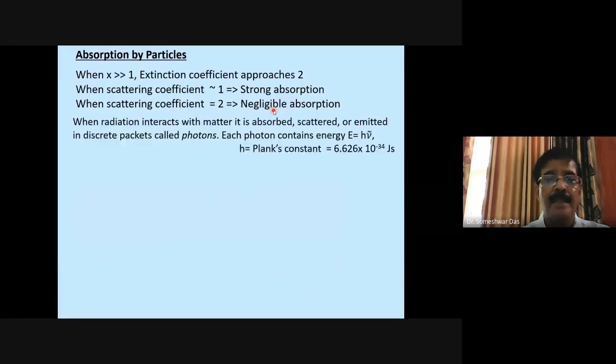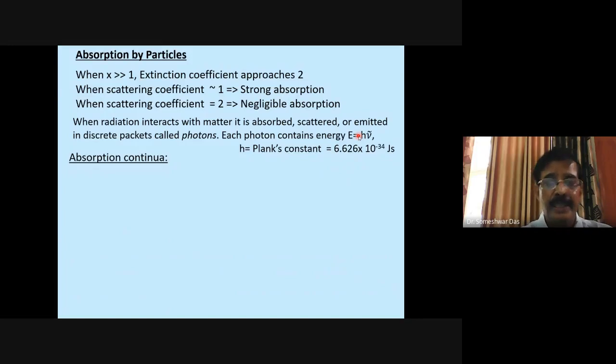When radiation interacts with matter, it is absorbed, scattered or emitted in discrete packets called photons. Each photon contains energy E equal to hν, where h is Planck's constant and ν is the frequency. Planck's constant is given by this many joule-seconds.